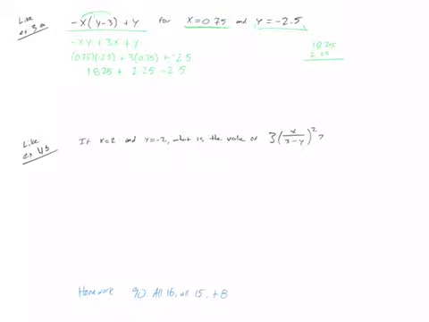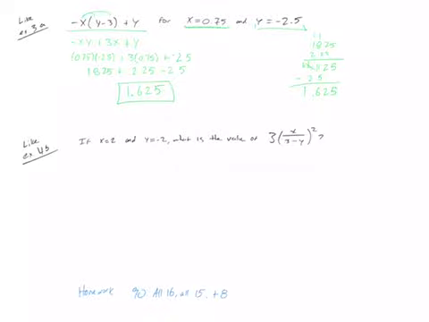It's going to be 4.125, and then I'm subtracting 2.5. It's going to be 1.625.